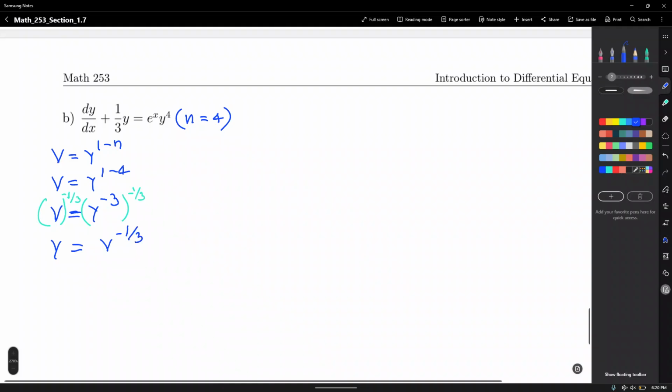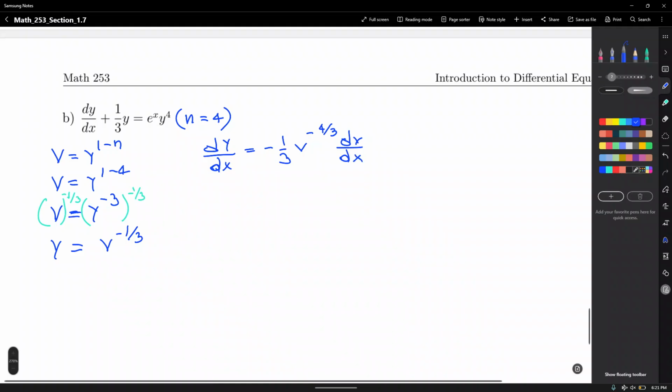Okay, so now we need to take the derivative, dy/dx. The derivative of v to the negative 1/3 is negative 1/3 v to the negative 1/3 minus 1. Isn't that negative 4/3? But in this case, we are multiplying by dv/dx.